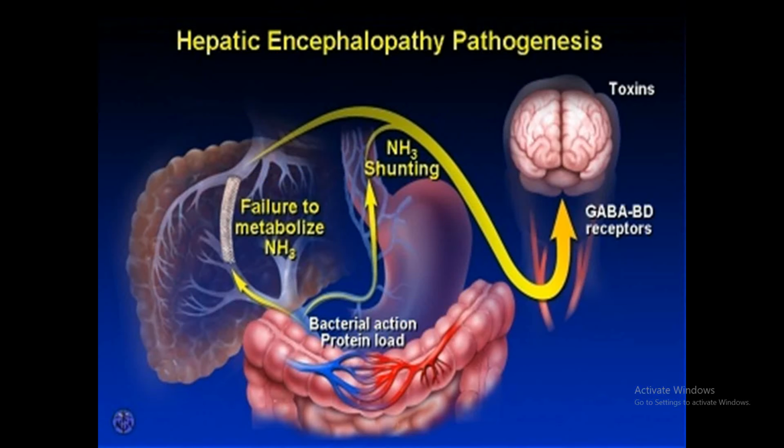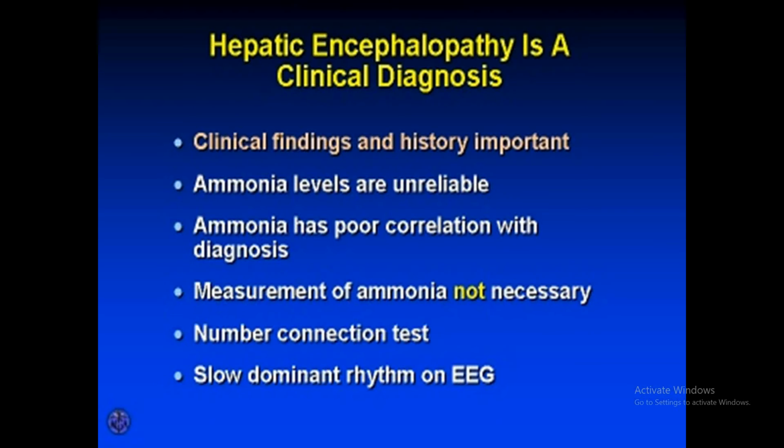Then what is encephalopathy? In this, you find the history of the patient. The patient usually says that he was not on the restricted diet. Patients often give a history of constipation.